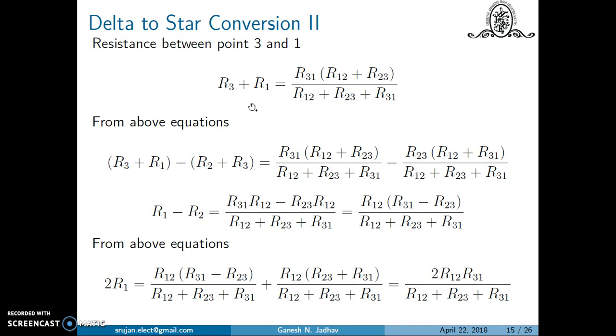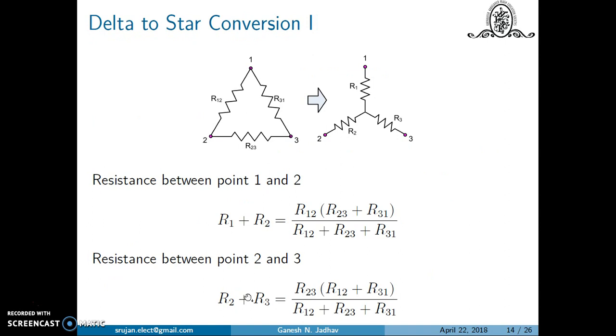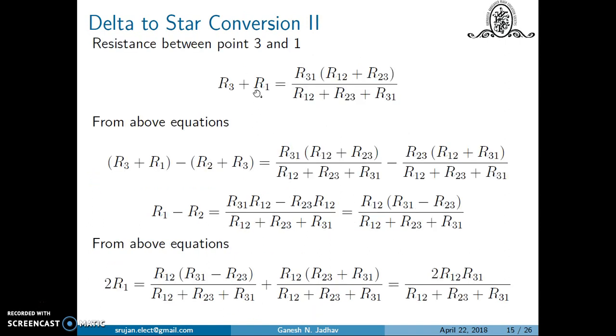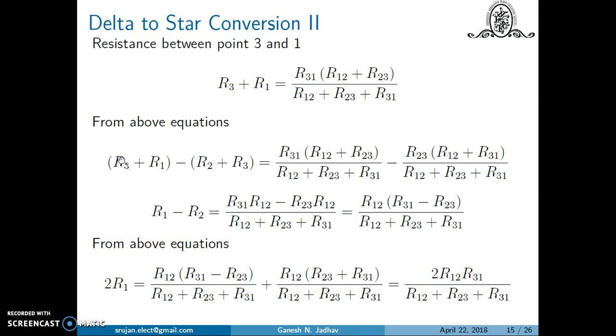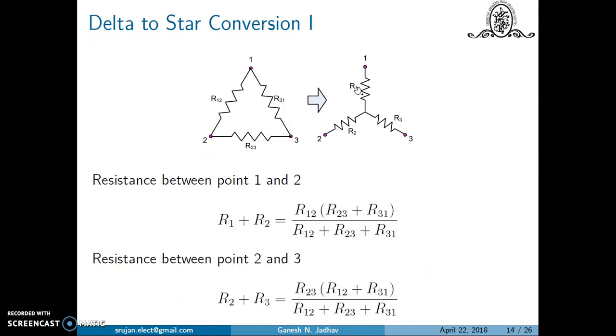Okay, let this be equation number 1, this equation number 2, and this equation number 3. Subtracting equation 2 from equation 3, that is (R3 plus R1) minus (R2 plus R3), the R3 gets cancelled and R1 minus R2 remains. A similar operation is done on the right-hand side, this term minus this term.